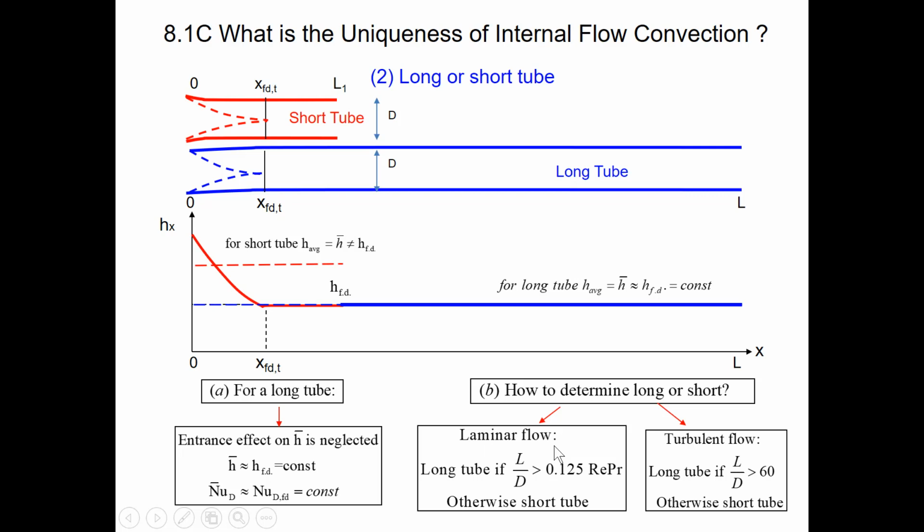For laminar flow, it is a long tube if the length of the tube over the diameter is greater than a combination of constant 0.125 times Reynolds number times Prandtl number. Otherwise, it is a short tube. For turbulent flow, it is a long tube if L over D is greater than 60. Otherwise, it is a short tube.